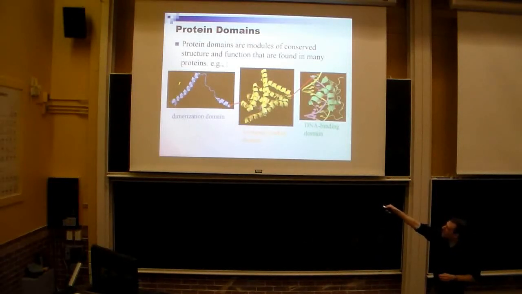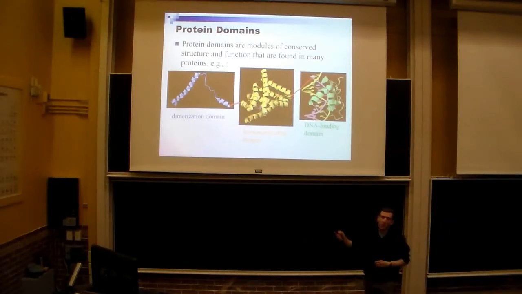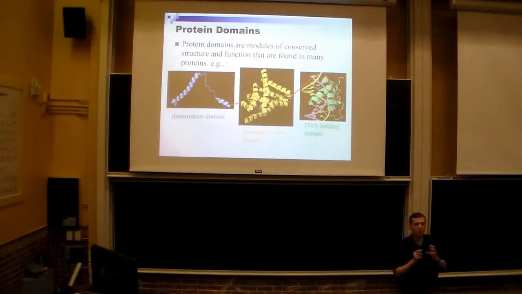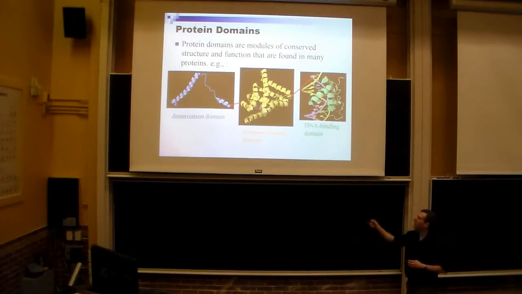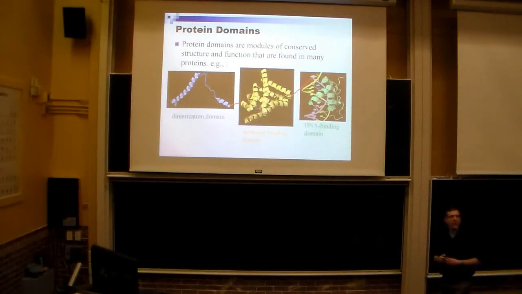So this might be a domain that has an alpha helix dimerization domain to allow this protein to form into a quaternary structure. You can have, let's say, a hormone binding domain or other kinds of binding domains that recognize some kind of interaction partner, form a pocket for that to sit in. And you can have various kinds of other functional or interaction domains.